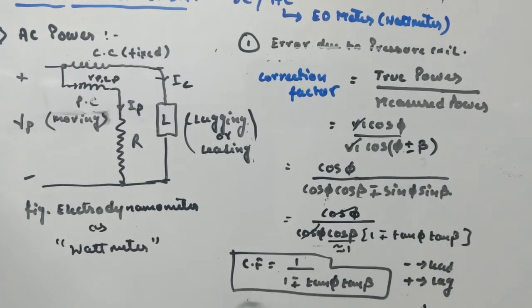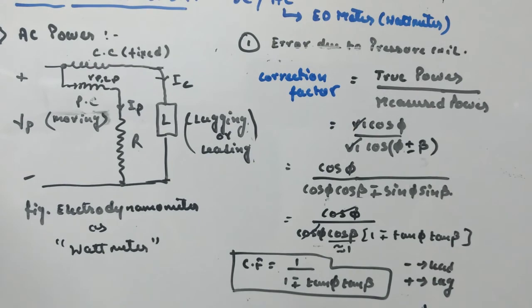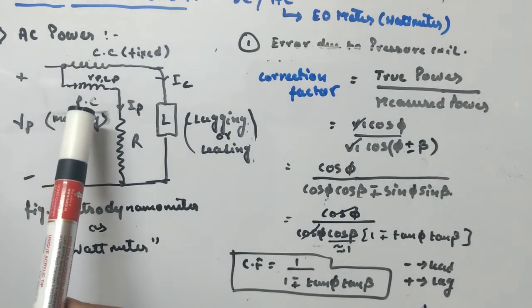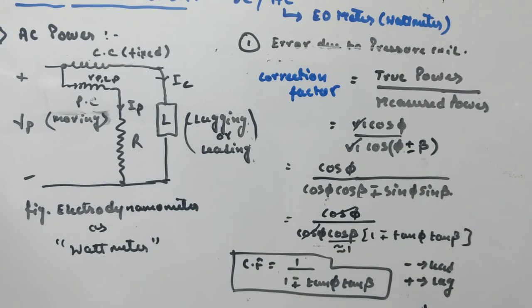So this is the correction factor, where phi is the angle between the load current and the applied voltage, and beta is the phase angle between the voltage and the pressure coil current. That is something called the correction factor.